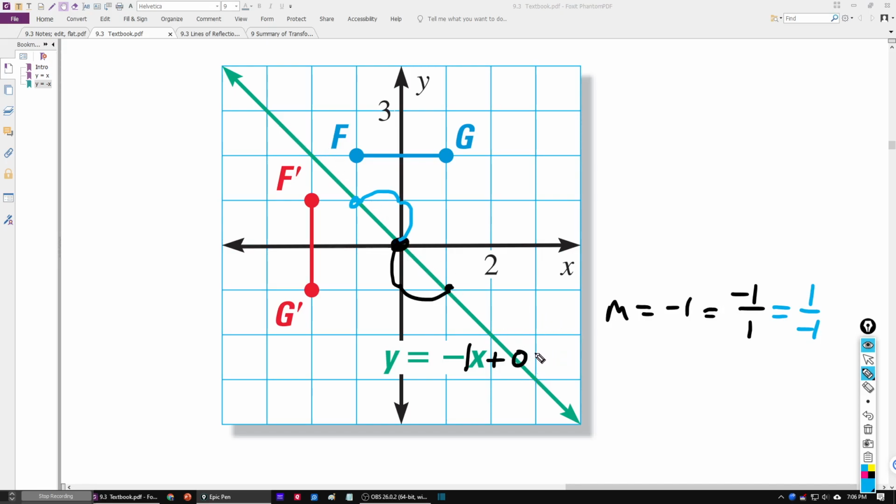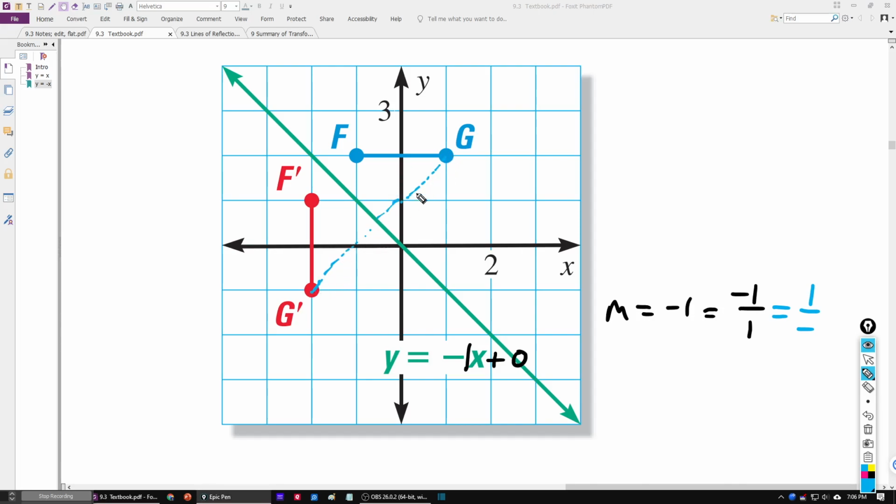Okay. And so now that I have my line of reflection plotted, now I need to draw my line of sight. So I'm coming from point G. Here's my pre-image. And remember, I always go through these intersections of the coordinate grids.